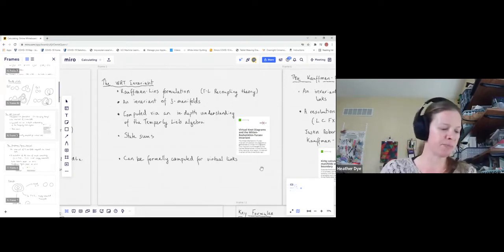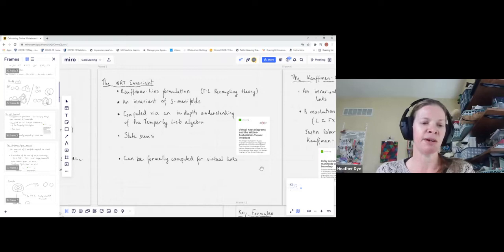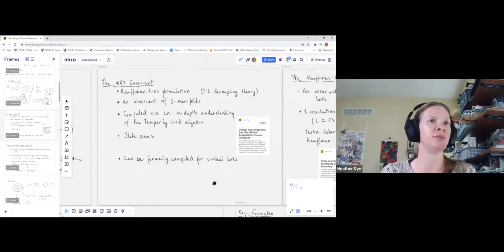And then in the original paper, we also looked at invariance under those two Kirby moves, the handle slide and the introduction or removal of the unknot with one crossing.